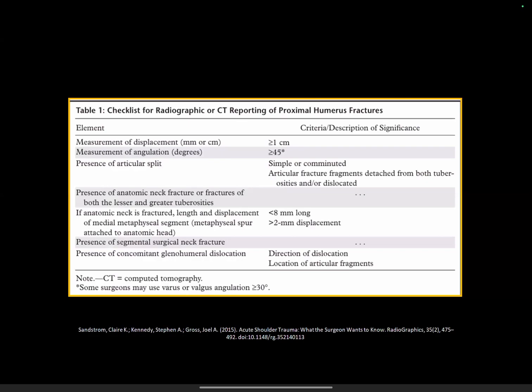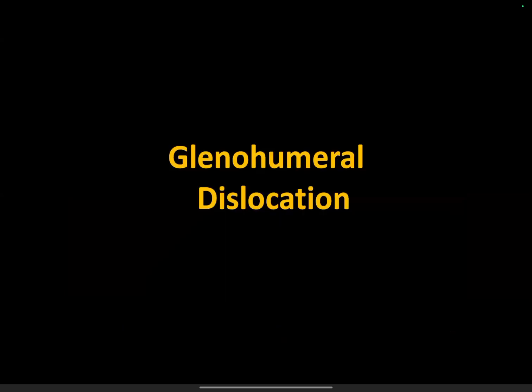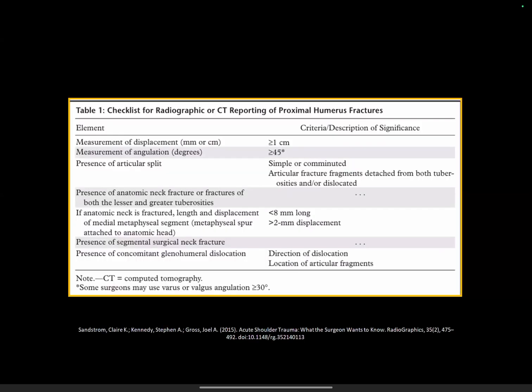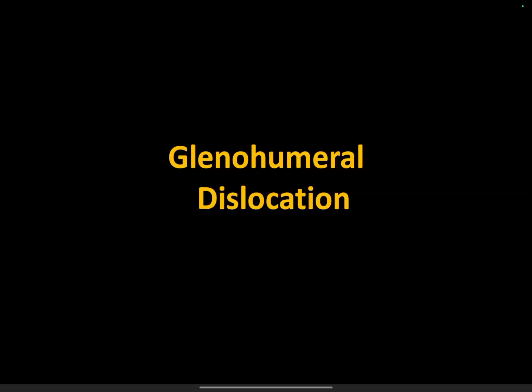In case that happened, we need to decide on the direction and the location of the articular fragments. So it's important to decide on the presence of intra-articular loose bodies because they can hinder reduction and thus accelerate osteoarthritis. We're done with the first part of today's lecture.